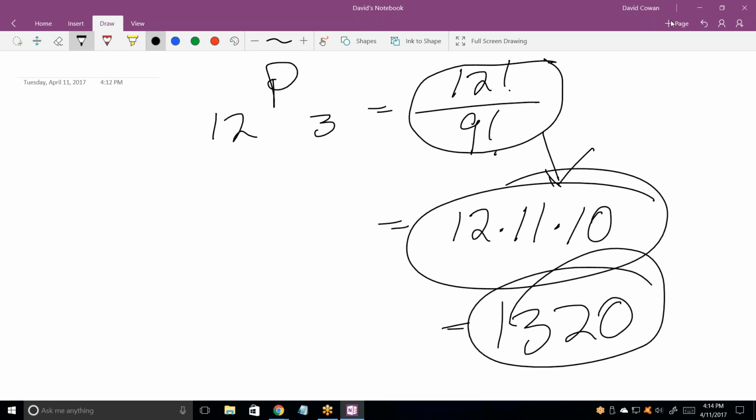We don't care which 3. 3 skiers are going to finish first, second, and third. We're just trying to figure out the number of different ways they can finish first, second, and third. And it turns out that there's 1,320. And this is a classic permutation problem.